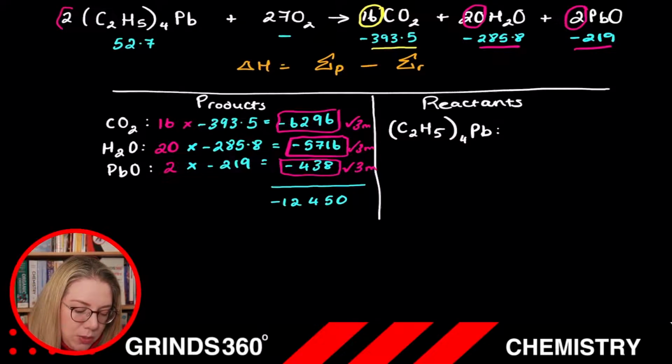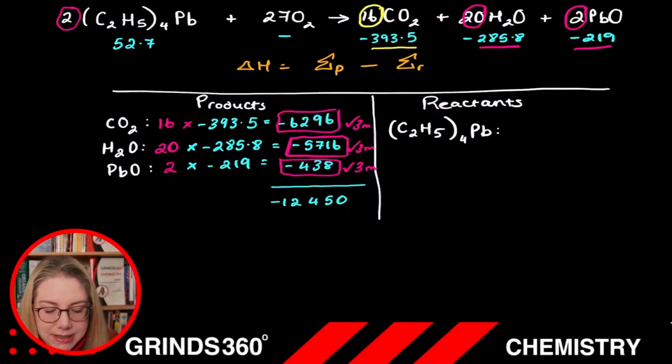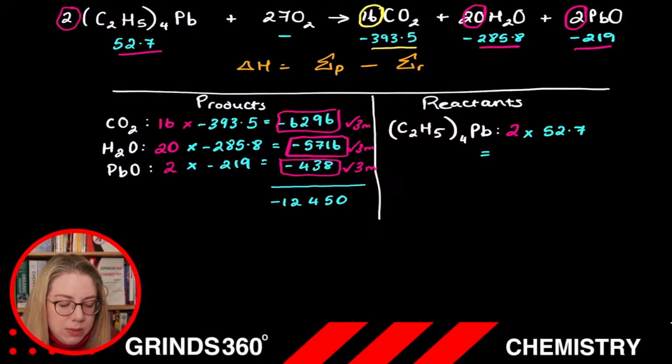Now there's a 2 in front of that tetraethyl lead, so I need to take the number in front and multiply it by the heat of formation of tetraethyl lead, which is 52.7. 2 multiplied by 52.7 is 105.4. Now we don't get marks for the 105.4, but we're going to get marks for using it.